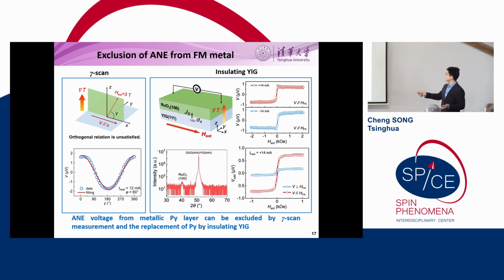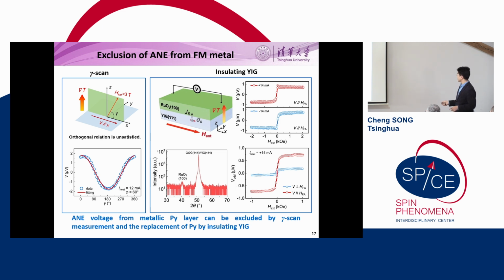There is no Y component, so there is no anomalous Hall effect here, and we can measure the inverse spin splitting effect. We also use YIG because YIG is not conductive, covered by this ruthenium oxide film. We can measure the signal for both positive and negative heating current, and the signal is almost the same. So this is also from the inverse spin splitting effect.